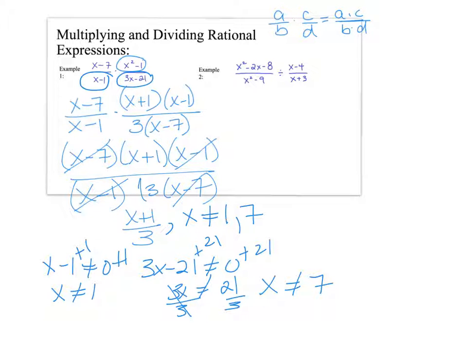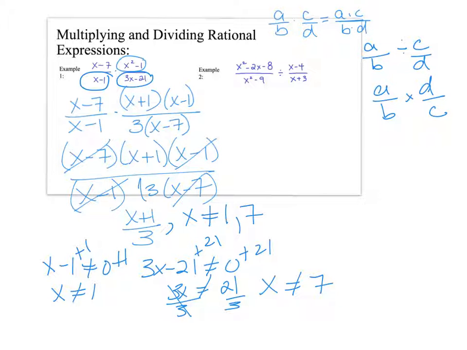Let's look at our second example. In our second example, we're dividing. Now, when you're dividing, remember that a over b divided by c over d is the same as multiplying by the reciprocal. So c over d becomes d over c, and that's what we're going to do here.